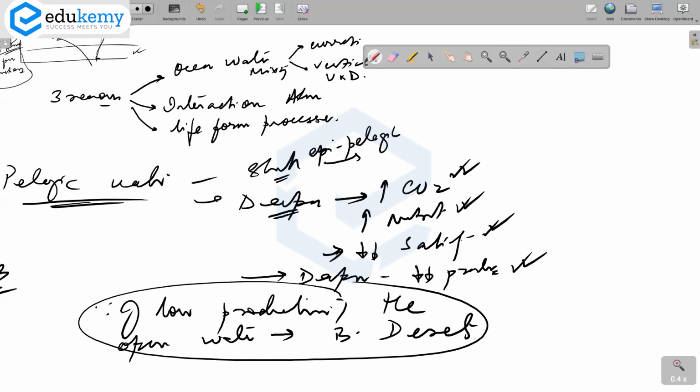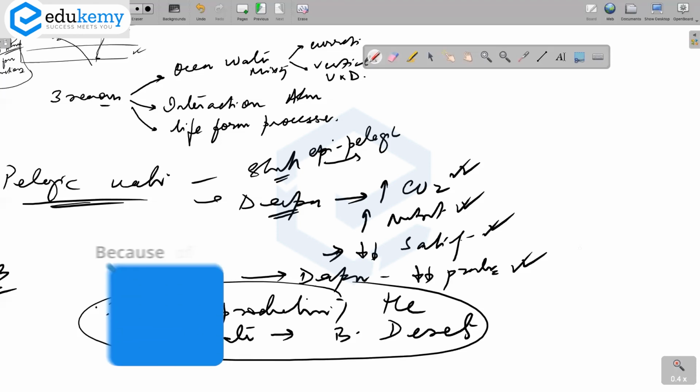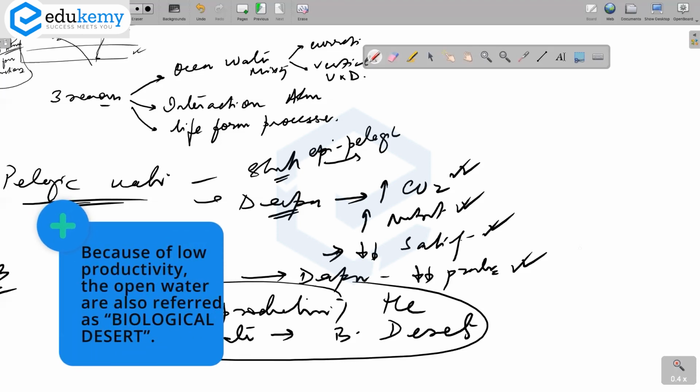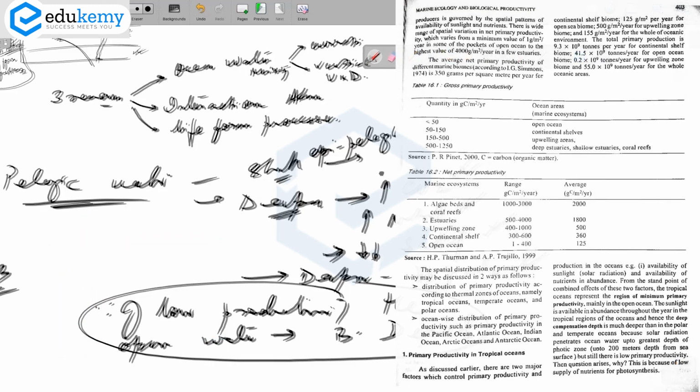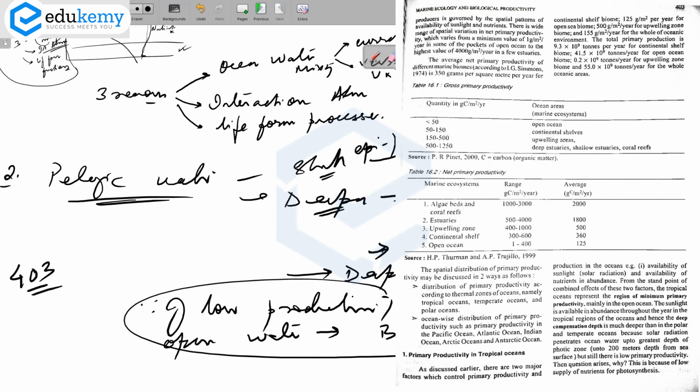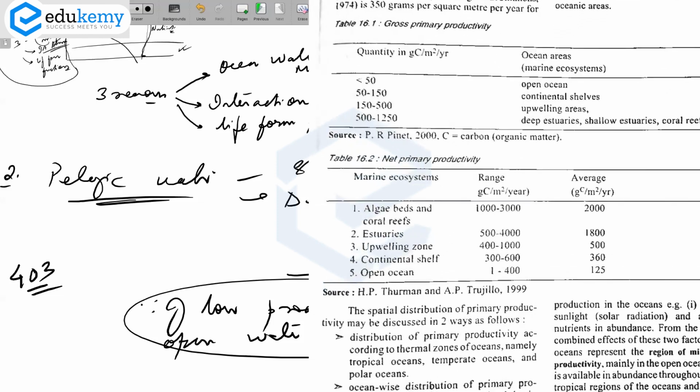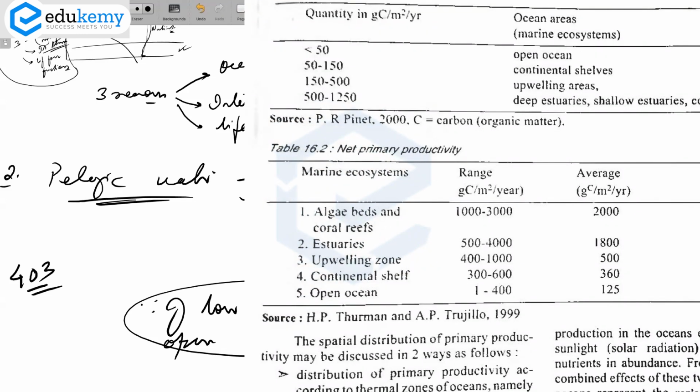And because they have lower productivity, the open waters are referred to as biological deserts. And if you want some figure on productivity, look at page 403. Pick up whatever you can from here. There's a table of gross primary productivity and net primary productivity. Open oceans is very low. Coral reefs, estuaries, upwelling zone, the shelf part, the algal beds, they have higher ones.